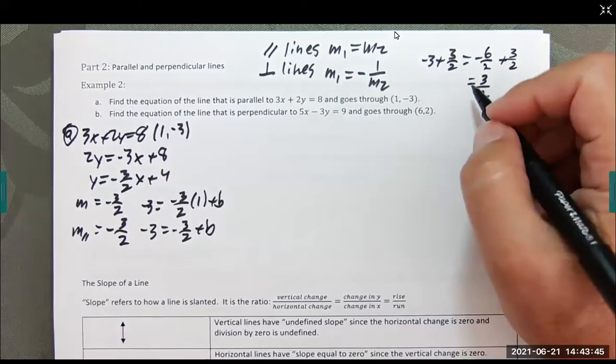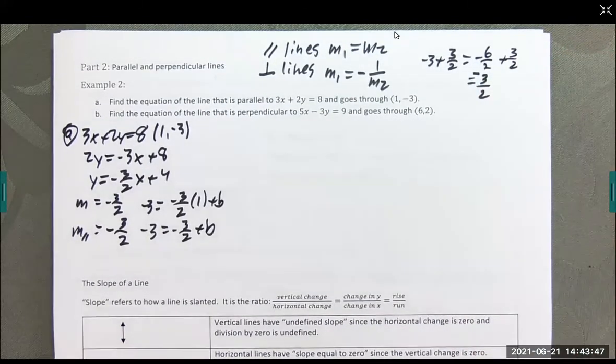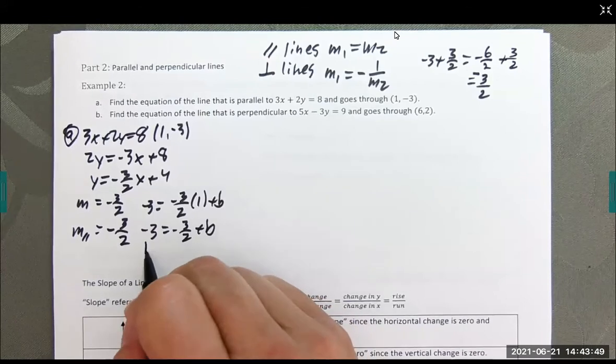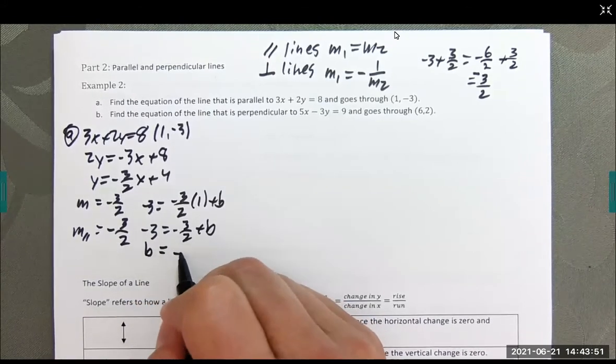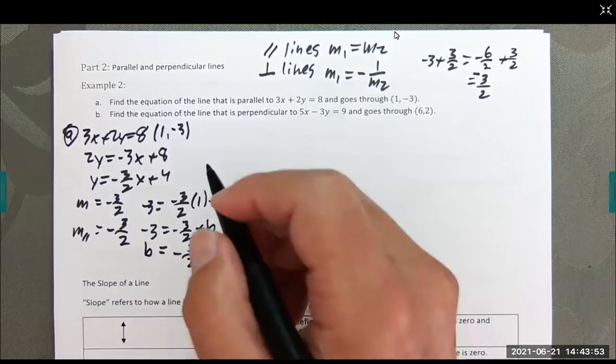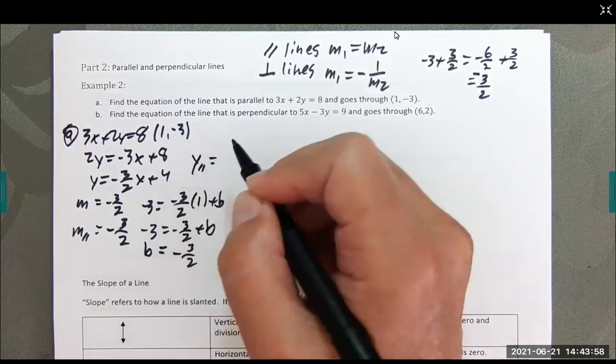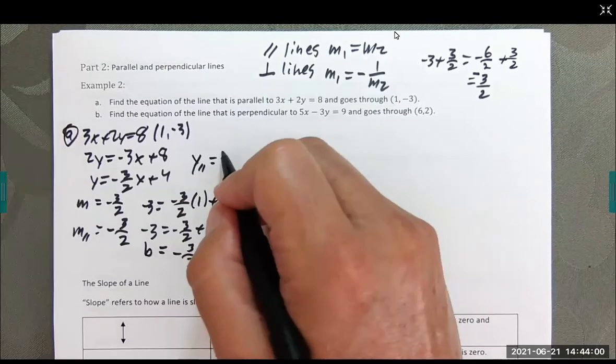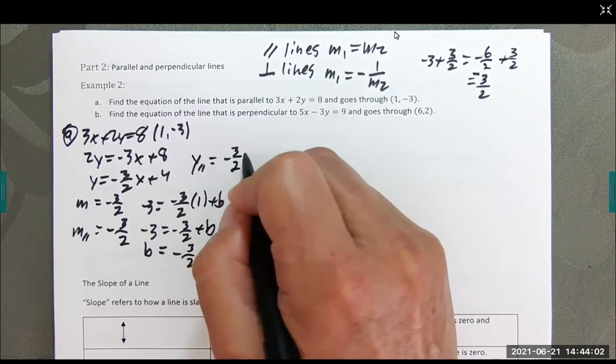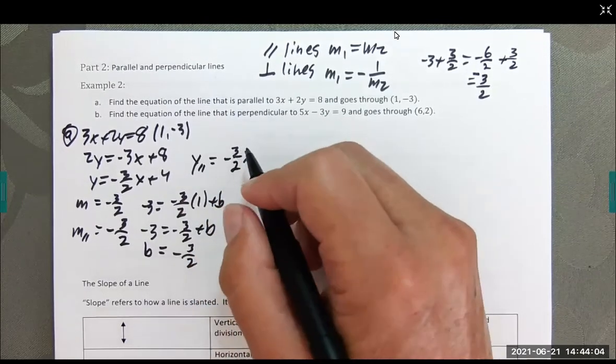Negative 3/2, right? The 6 is bigger. So this means that b is negative 3/2. So the equation of the line that's parallel to this one is negative 3/2 x minus 3/2.